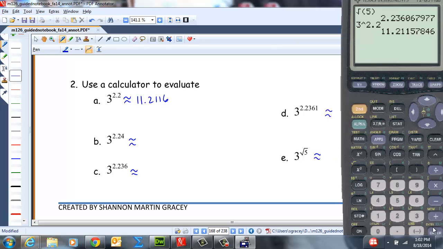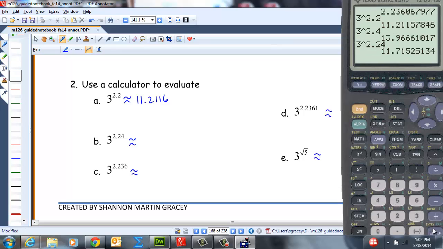Oh, not 2.4, my bad. Second entry, it was supposed to be 2.24. All right, so we'll get 11.7153.